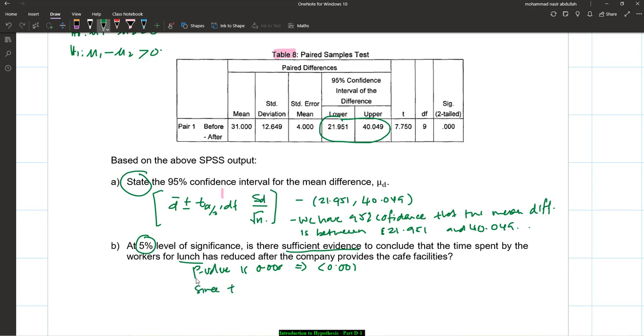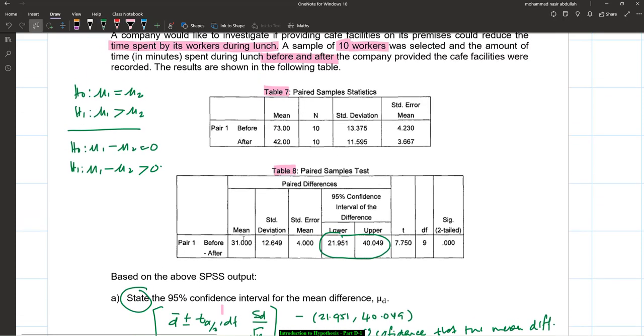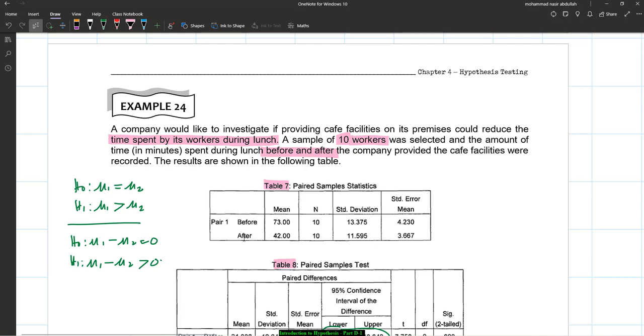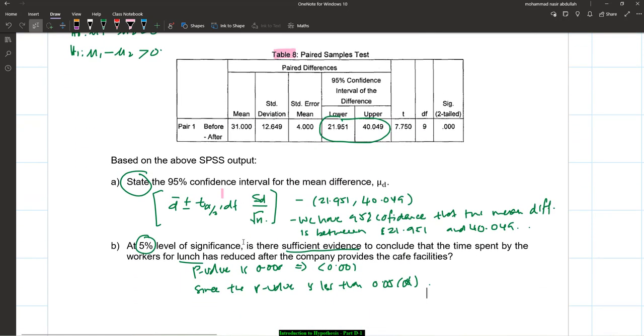Since the p-value is less than 0.05, which is our alpha, we can say that the new facility has reduced the workers' lunch time, right?